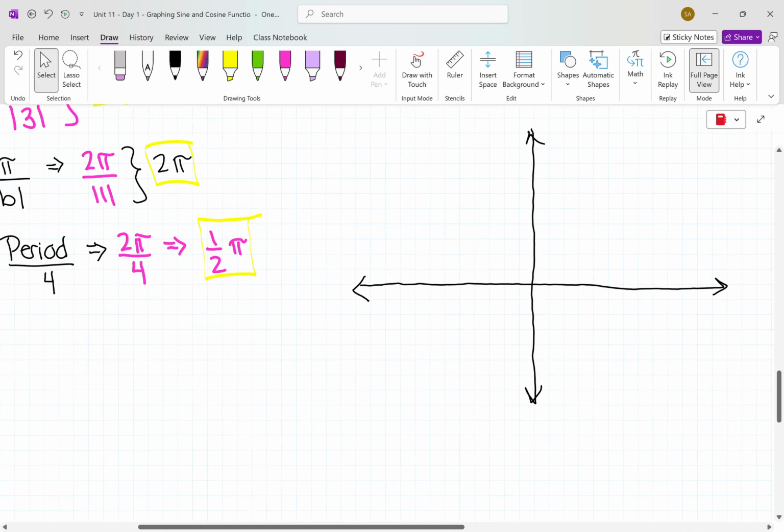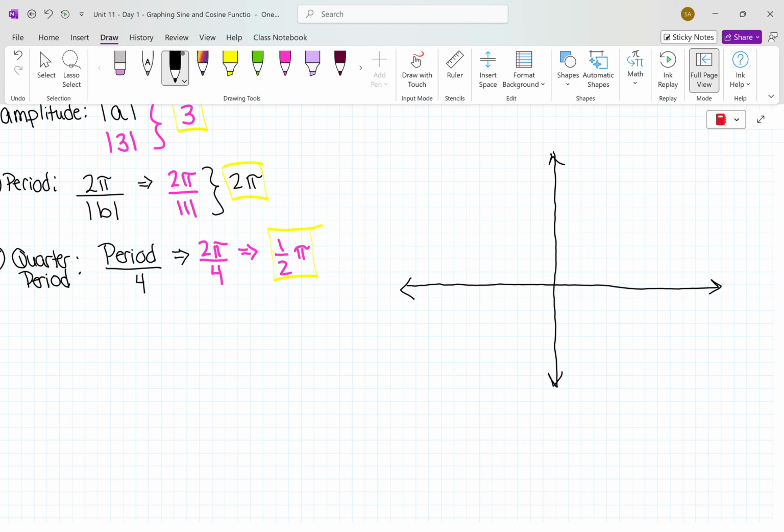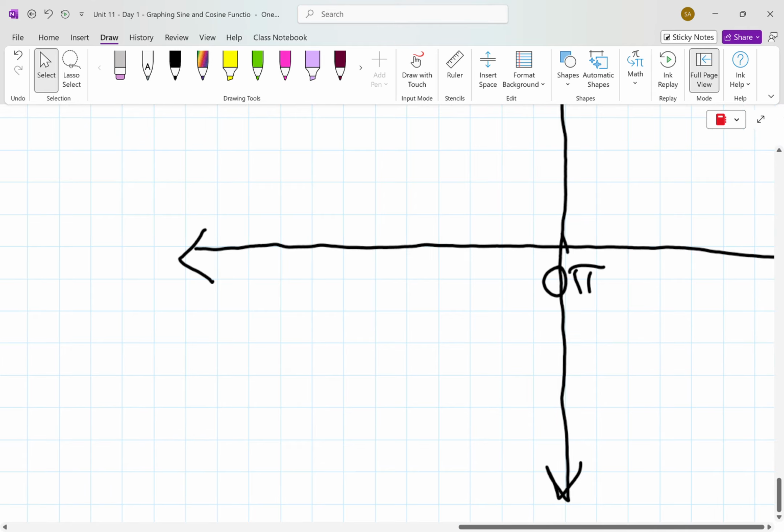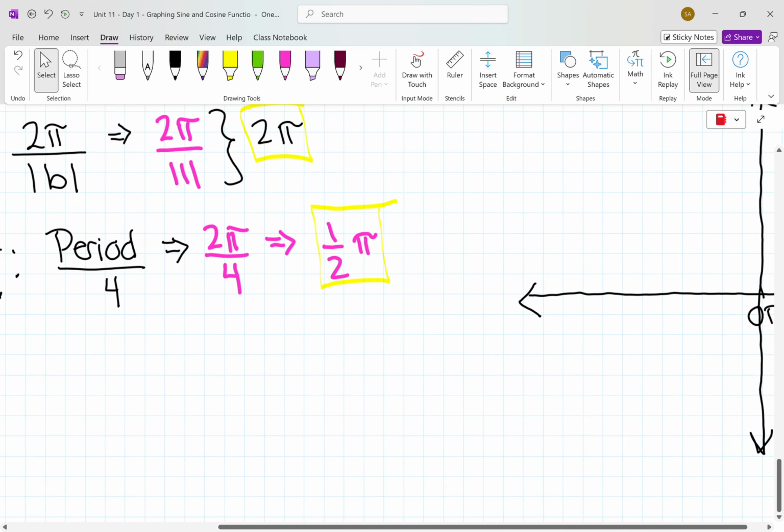So now this quarter period that we found here, this determines the interval that we're going to write down on the x-axis. So the origin will always be 0 pi. But then the quarter period tells us what our next interval will be.